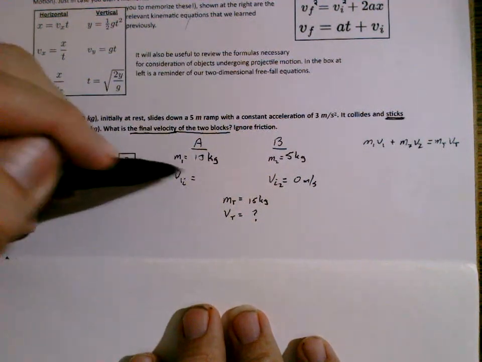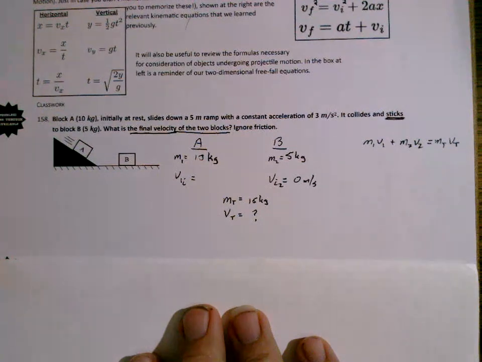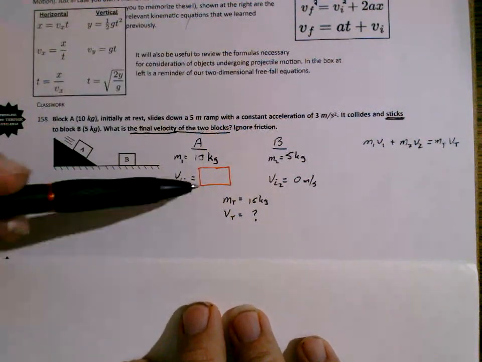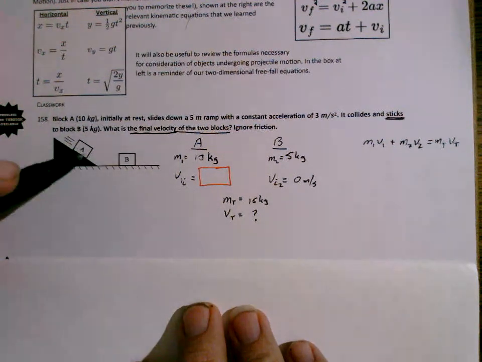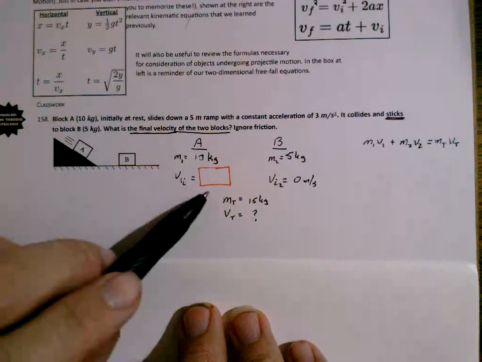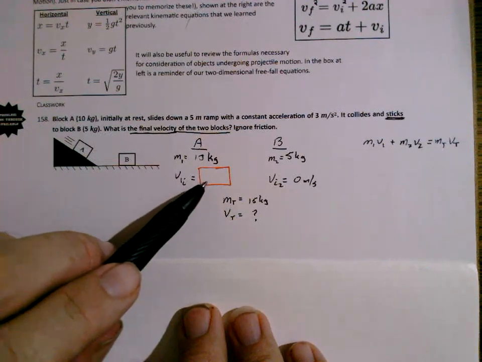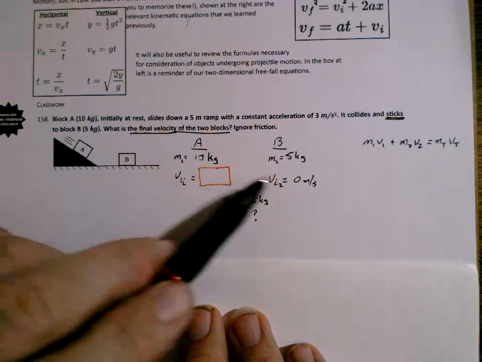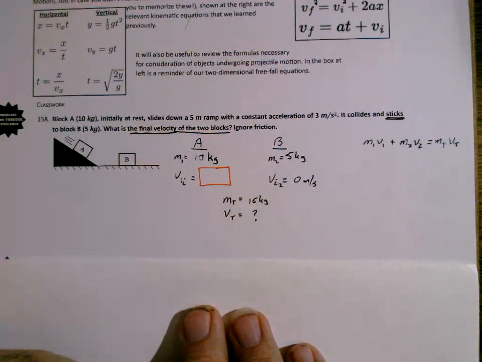The problem is this initial velocity. Even though it says block A is initially at rest, this can't be 0, because if this is 0, then it can't slide into block B and they stick together.